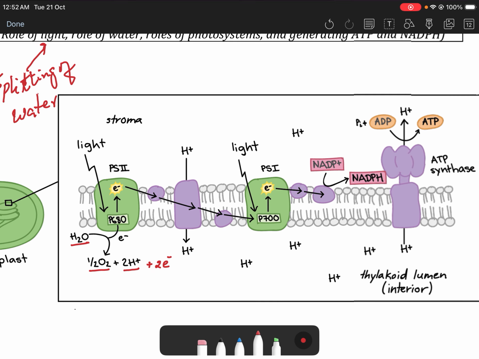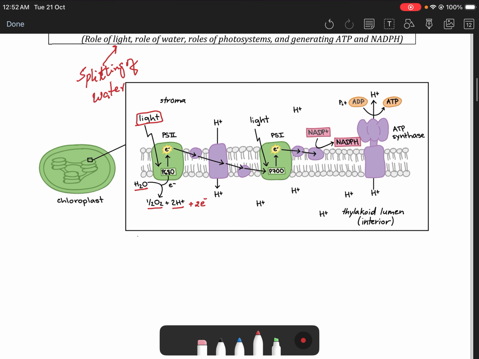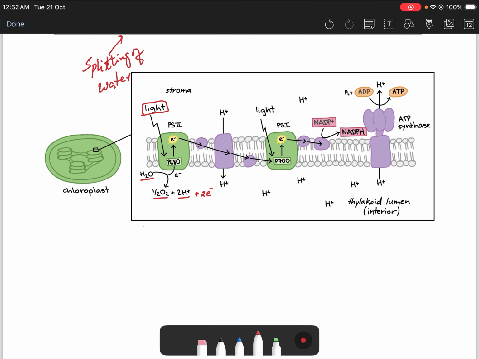Now you should know that this process is called the light dependent phase, and this starts with PS2. The first part where the light hits is PS2, and the second part where the light hits is PS1.